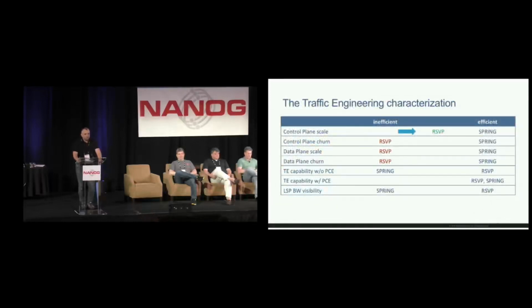Today we have generally two traffic engineering protocols capable of doing this, and when we look at them, there are different attributes like scaling or churn and exposure to the signaling churn, traffic engineering capability with and without central controller, etc. You can quickly see why Spring is coming and why we invented Spring: we want to be more efficient on state scale and on churn handling.